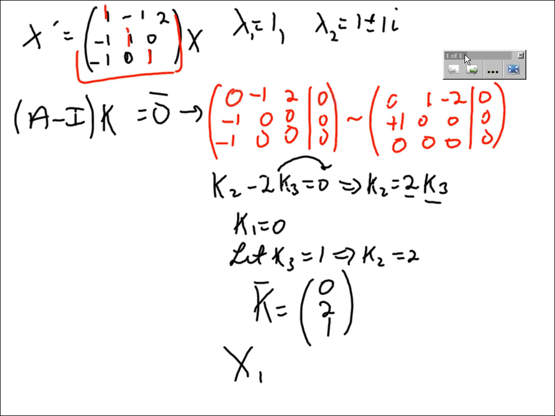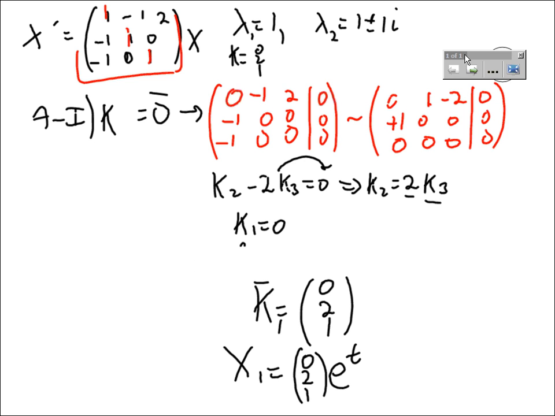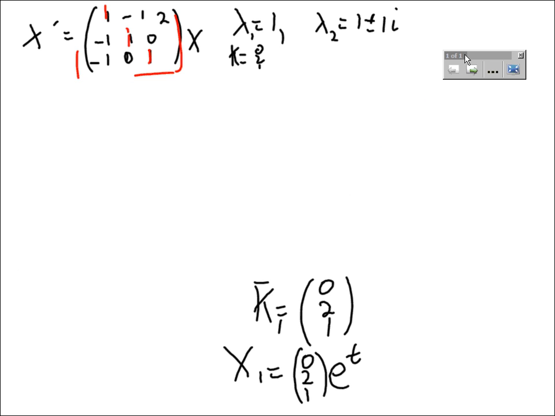So then x1 will be k1 times e to the lambda t, e to the 1t or just e to the t. So k is 0, 2, 1. And x1 is (0, 2, 1) e to the t.